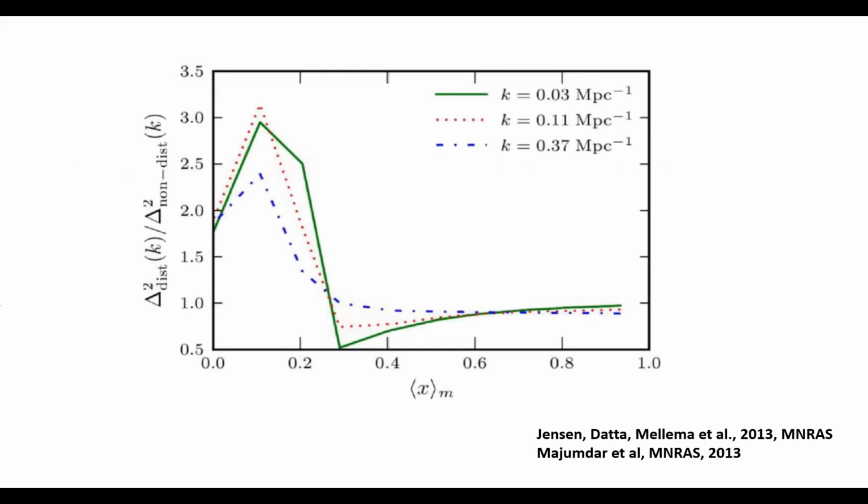Here I show just one result from our recent work. It shows the ratio between the redshift space power spectrum and the no redshift space power spectrum as a function of neutral fraction, and you see the ratio can be up to a factor of 3. That means because of redshift space, the power spectrum can be enhanced by a factor of 3 at neutral fraction 0.1 or so.